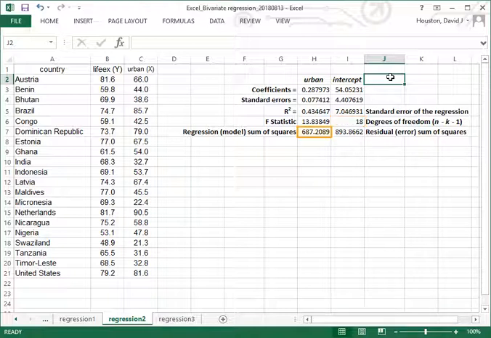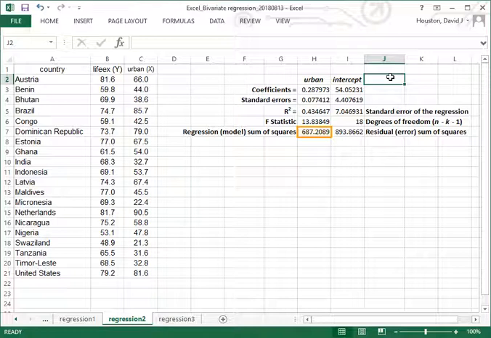Then we see the regression sum of squares. Sometimes you'll see textbooks or other software refer to this as model sum of squares or explained sum of squares. Whether you see regression, model, or explained, they all indicate that this is the amount of variation we see in the dependent variable that is accounted for by this regression model.